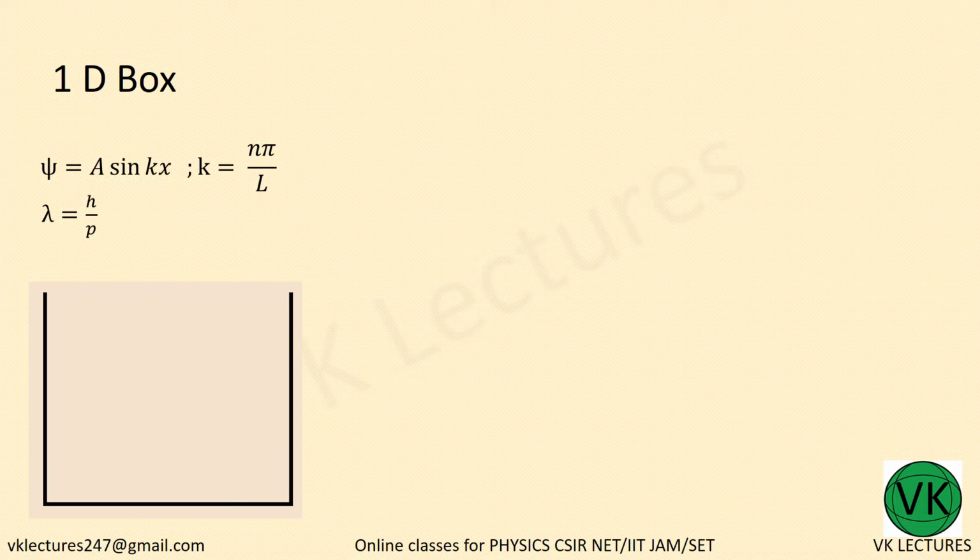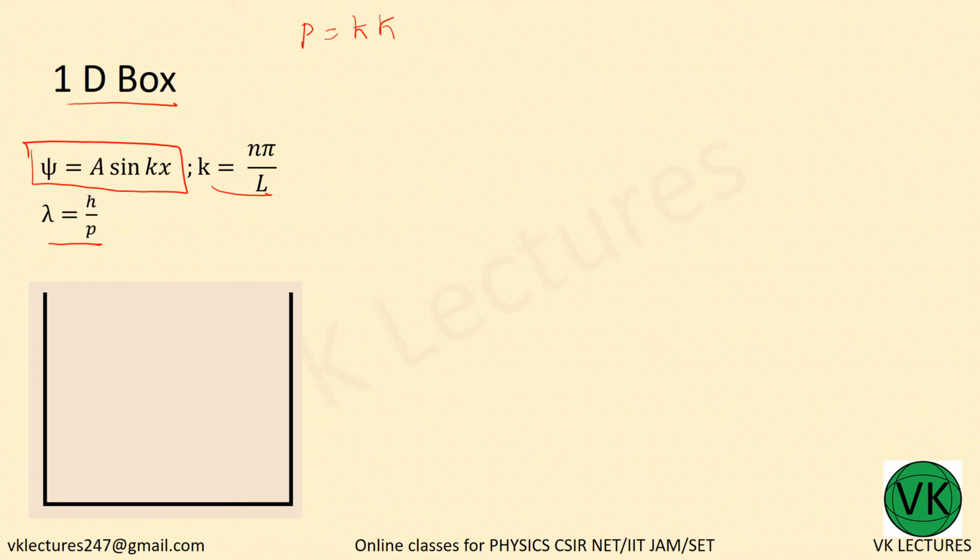Now for the particle in a one-dimensional box, the wave function is given by psi is equal to A sine kx, where k is equal to n pi by L. And from de Broglie we know lambda is equal to h by p, and p is equal to h cross k.